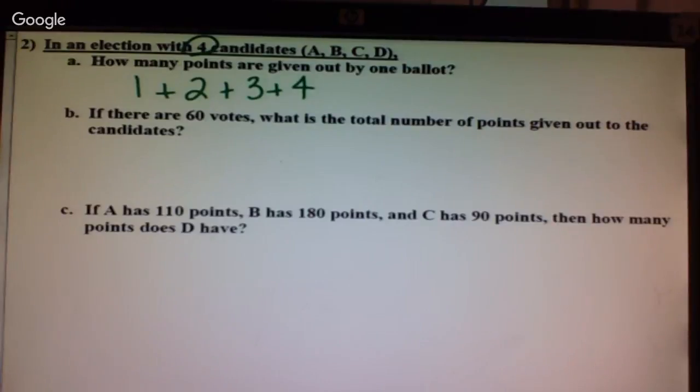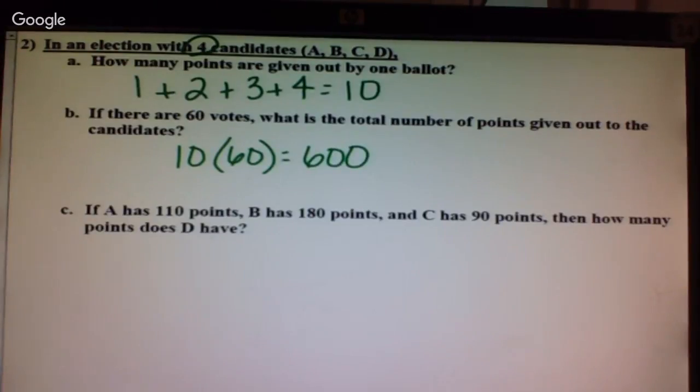So you will always start at 1 and add up to the amount of candidates you have. So each ballot, each person's giving out 10 points. If I have 60 voters, how many total points do I have? 600. I've got 10 points available per voter, 60 voters, that gives me 600 points.